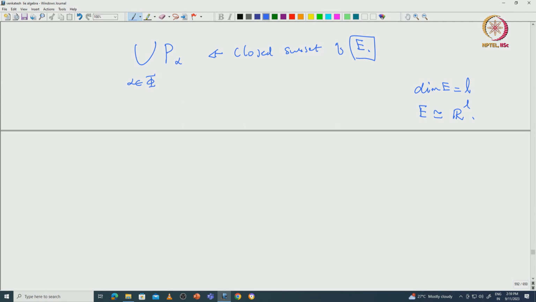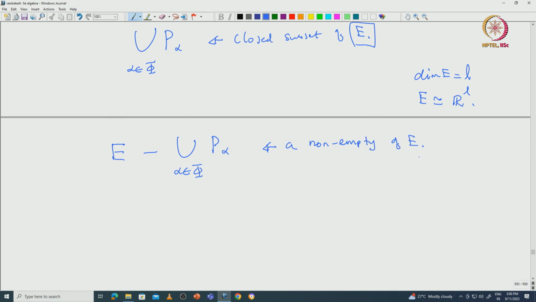So, that proves that the complement of this union of hyperplanes must be non-empty. So, E minus the union of P alpha, alpha in phi, is a non-empty subset of E.